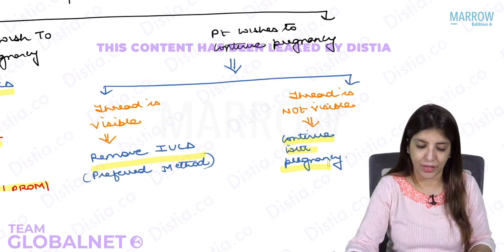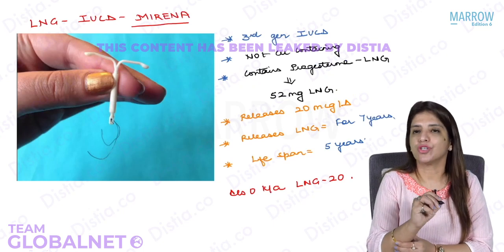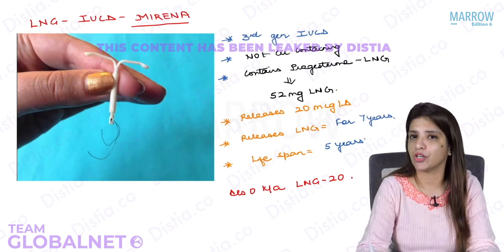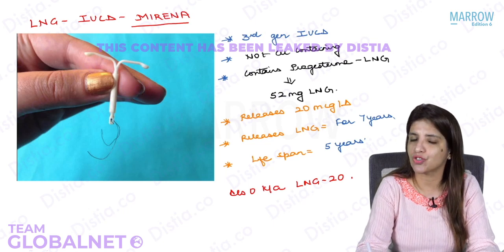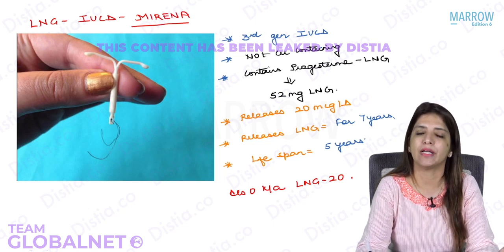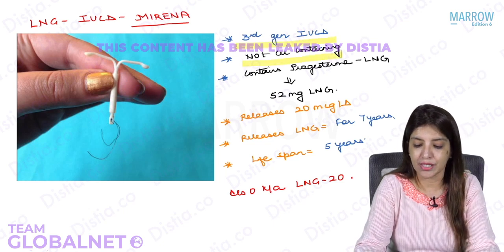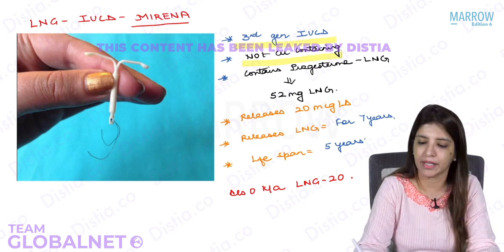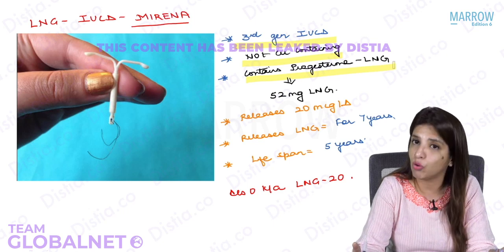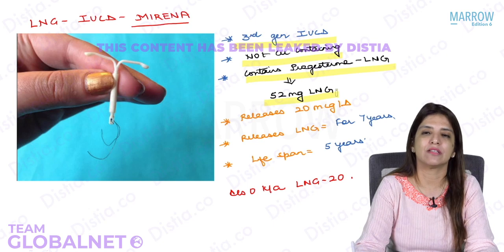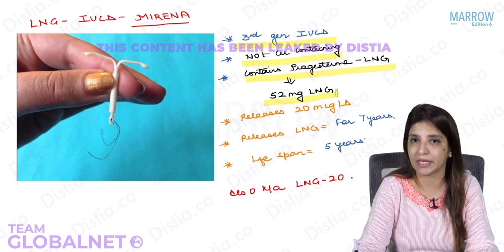Clear? Okay. Now, I have talked to you about copper IUCDs. Now, let us talk about the third generation IUCD, which is the levonorgestrel IUCD, and the one available in India is Mirena. Mirena does not contain copper. It contains the progesterone levonorgestrel, and the total amount of levonorgestrel present in Mirena is 52 milligrams.